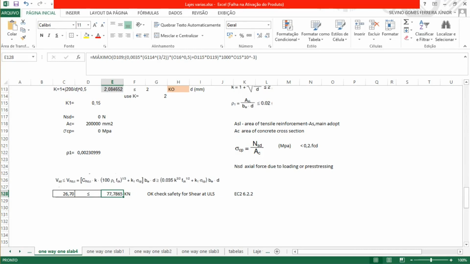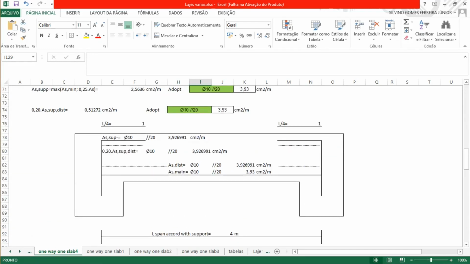The maximum of them gives us this one, 77. So it's checked. The safety for shear at ultimate limit state is checked, since we have 26 and this is smaller than 77. So thank you for watching, and this is the reinforcement we can use for this one-way slab.